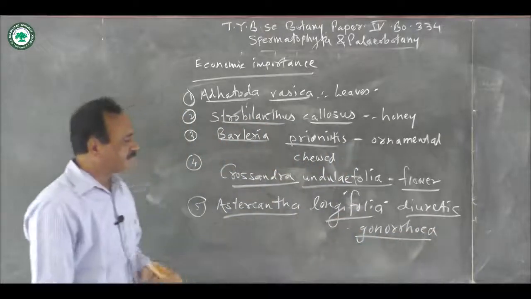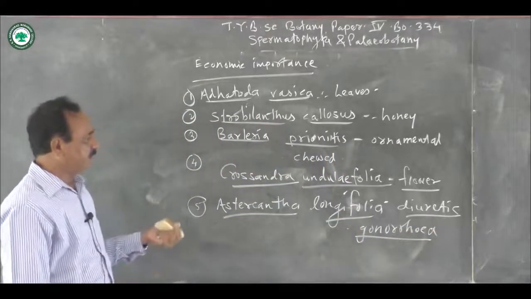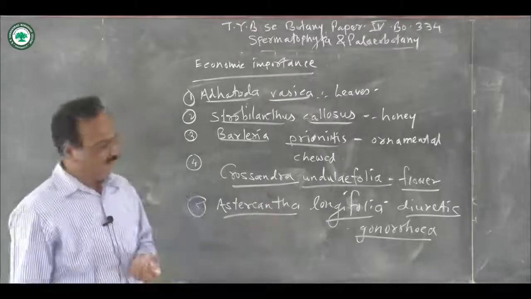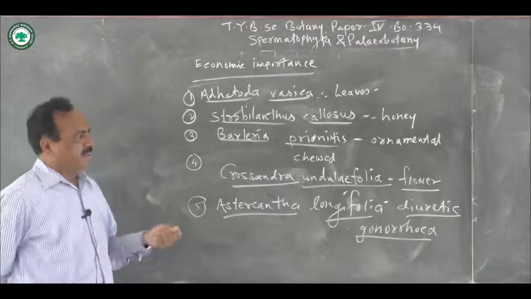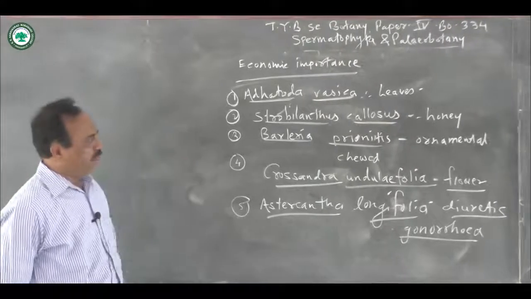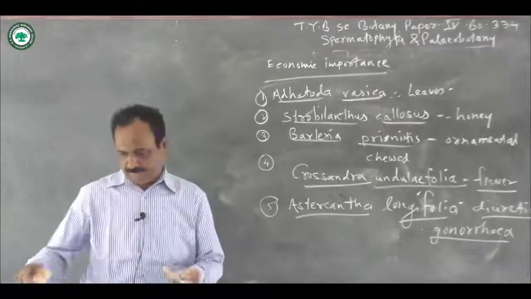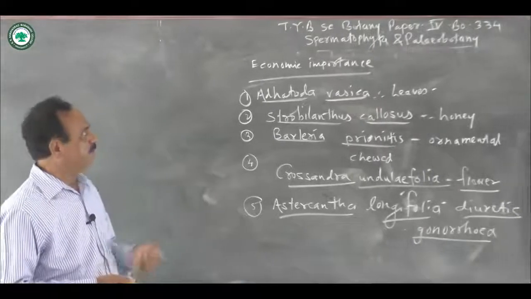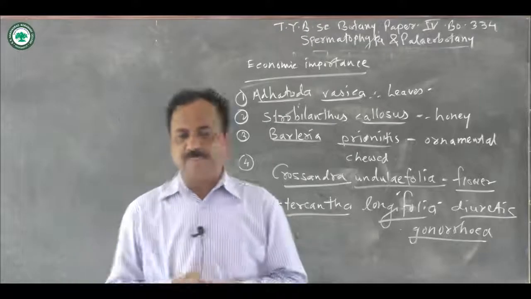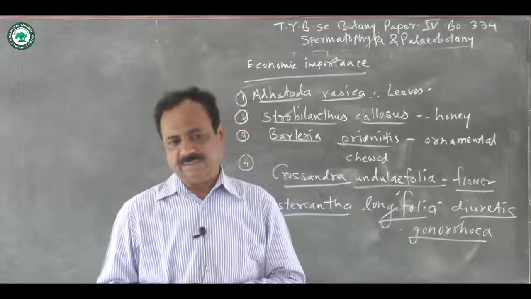These seeds are commonly used. So thus, these are some plants of this family which are economically important and used for different purposes by human beings. So this is about the economic importance and about the family Acanthaceae.